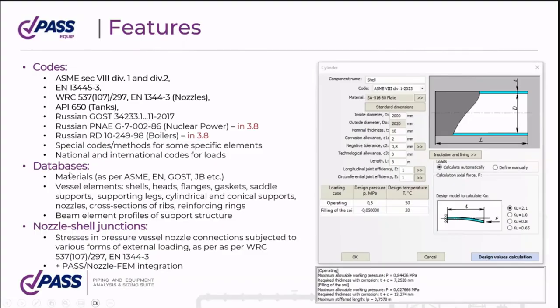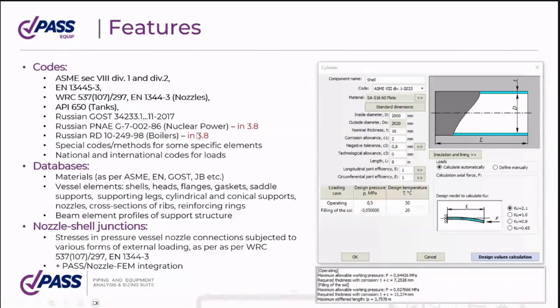We also have a large database which includes different materials and their properties, steels from ASME standards, EN standards, Chinese standards, Russian standards, and others, and a database of standard sizes of different vessel elements like shells, heads, flanges, saddle supports, and other types of supports, nozzles, and of course beam or steel element profiles or sections for support structure.